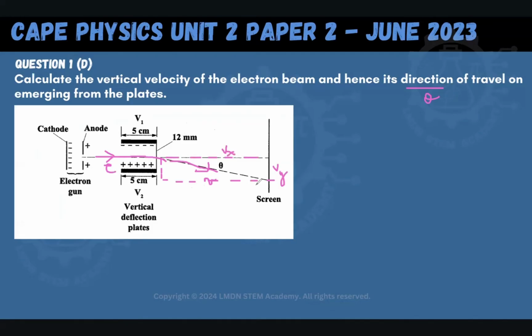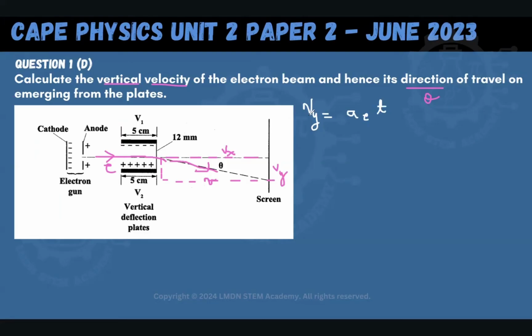The first thing we have to do is find Vy, the vertical velocity. That's what they asked us to do first of all. We already know the formula from the table that we filled out earlier: for an electron passing through an electric field, the vertical velocity is the acceleration times the time.